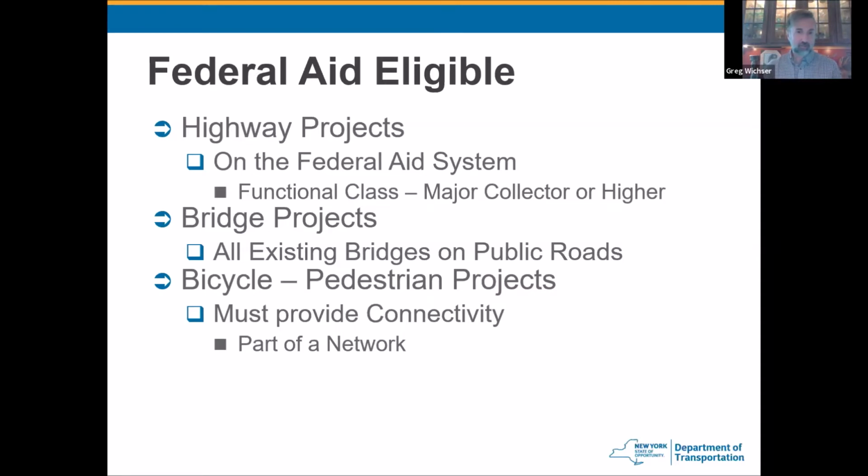For bridge projects, really any bridge on a public road is eligible for federal funding, but there are bridges that are off system that I'll get to later when I get more into the fund source descriptions. And then there is some funding available through the federal aid process for bicycle and pedestrian projects. The key is it must provide connectivity and be part of a network. It can't just be a touristy trail. It's got to actually provide some transportation linkage.